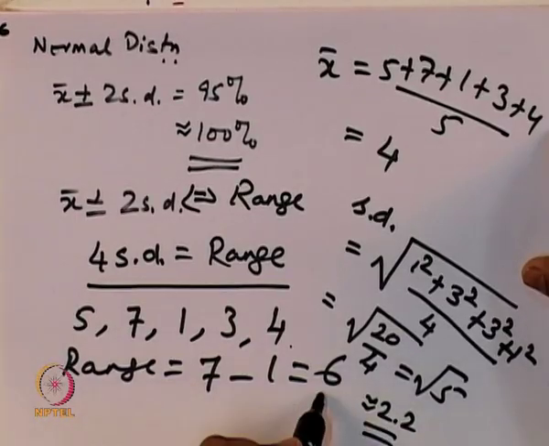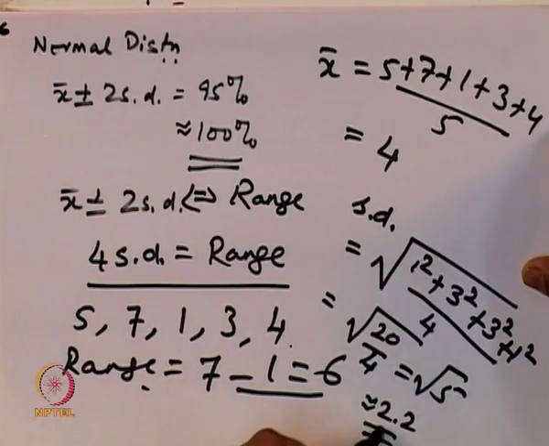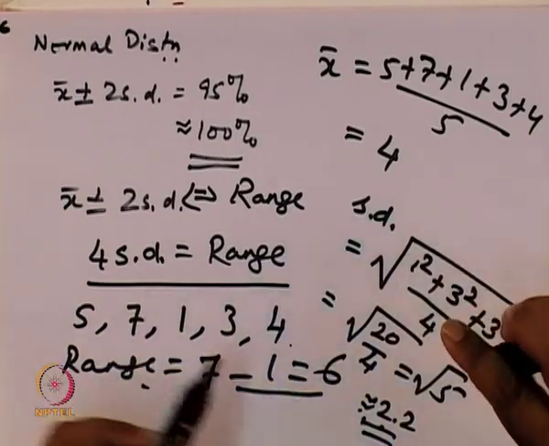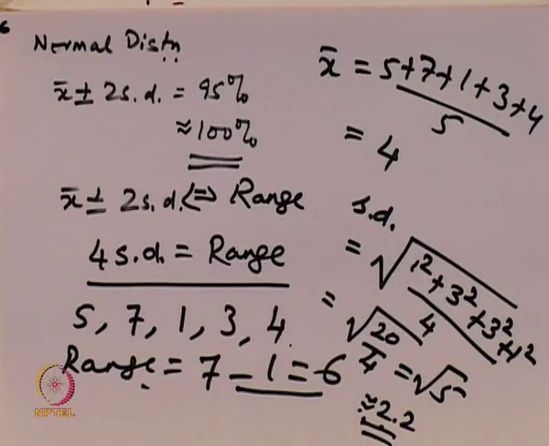So your range is 6, your standard deviation is 2.2, and 2.2 times 4 is 8; they are comparable. So you know this is probably right.